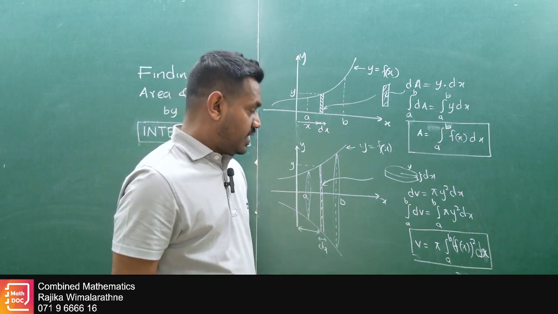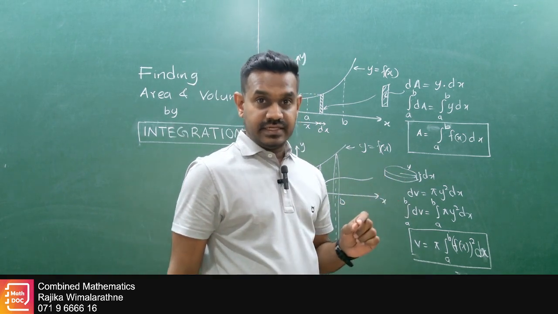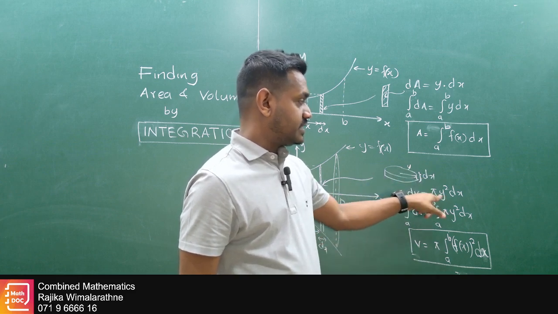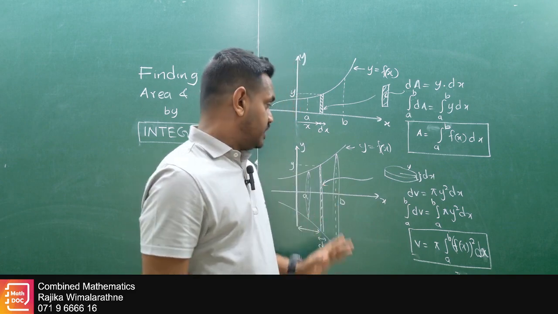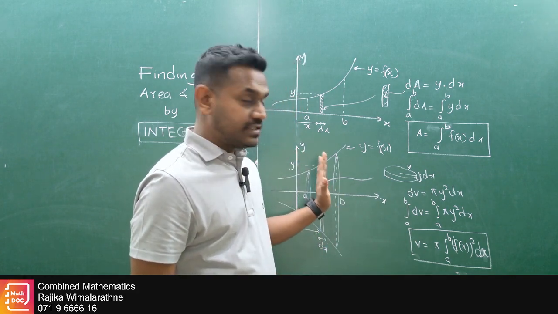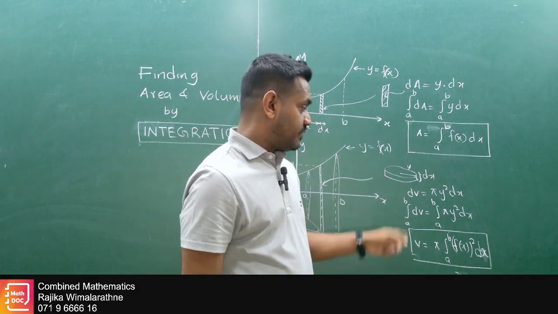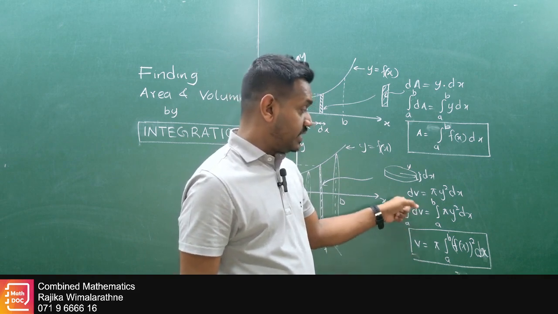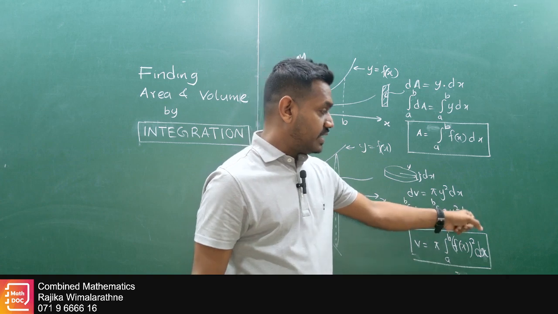Now, the small tiny part is like a cylinder. Then the cylinder volume is pi y squared times dx. That is the volume of the small cylinder. So if you add such cylinders from A to B, we can create the full body volume. We can do that using integration. You put the integral from A to B of dV, on the right side the integral from A to B of pi y squared dx.